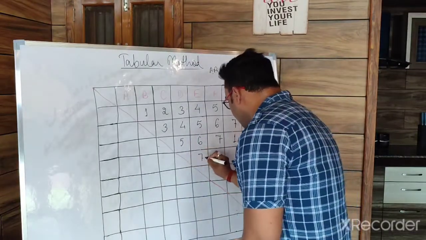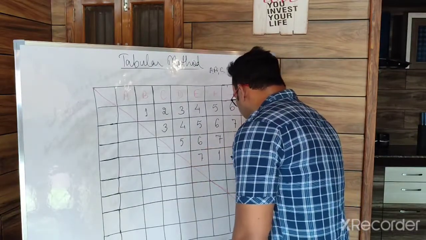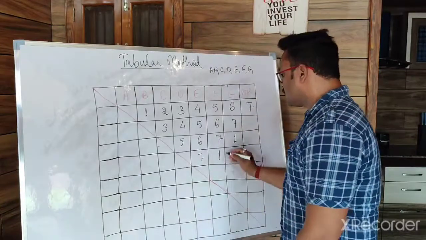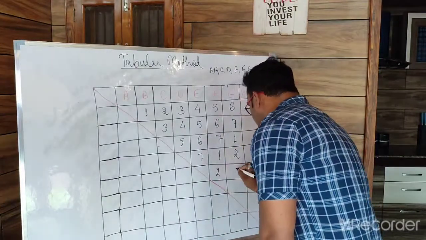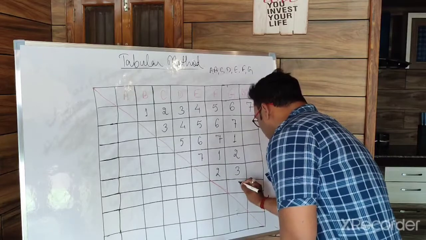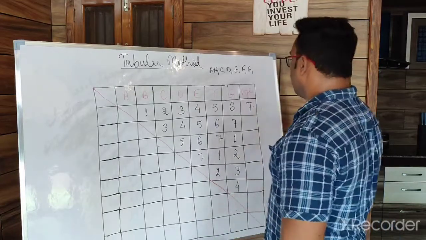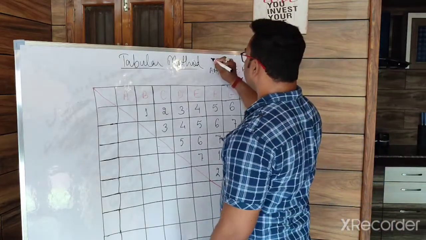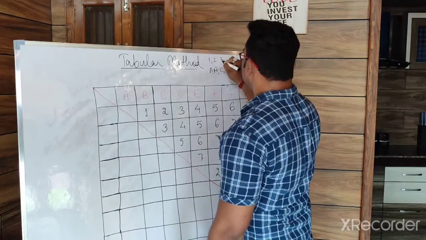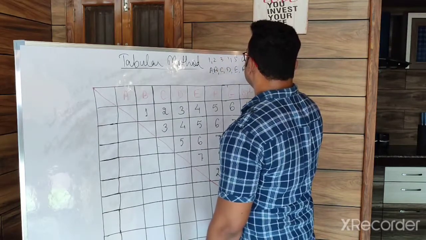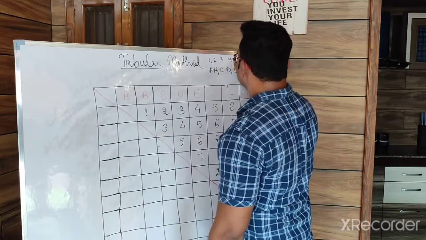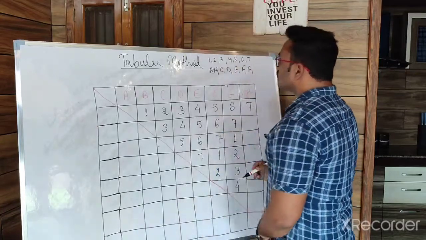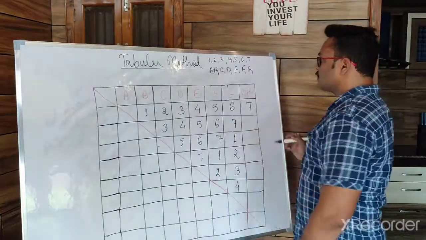6, 7, 7, 1, 1 below 2. 1, 2, 2, 3 and 3 down 4. Here what we have to write, as there are 7 rounds, 1, 2, 3, 4, 5, 6 and 7. So even numbers we are writing first.